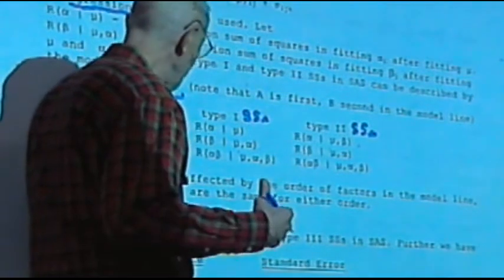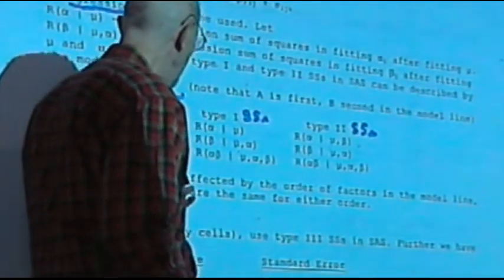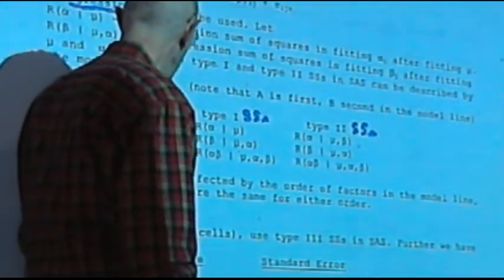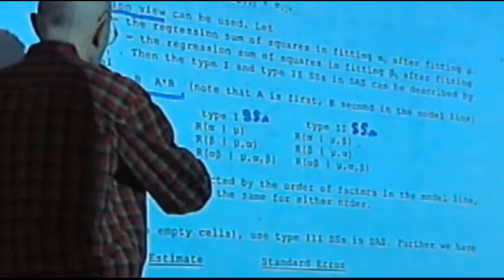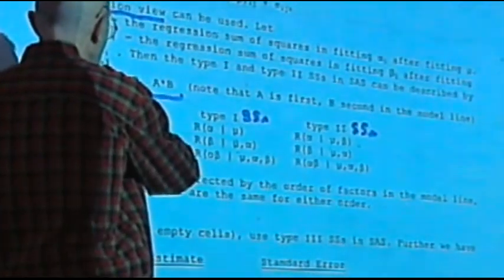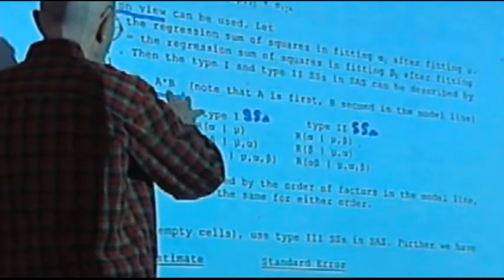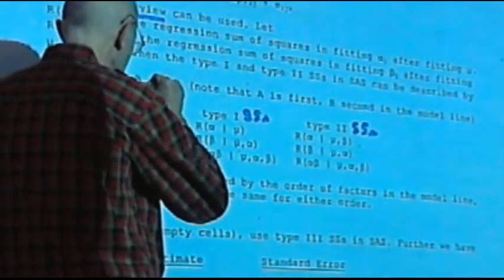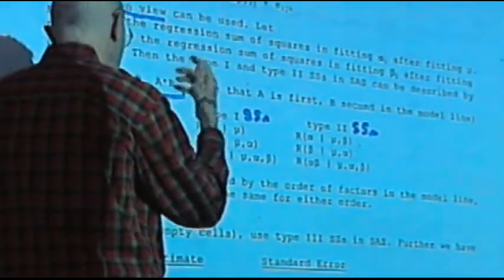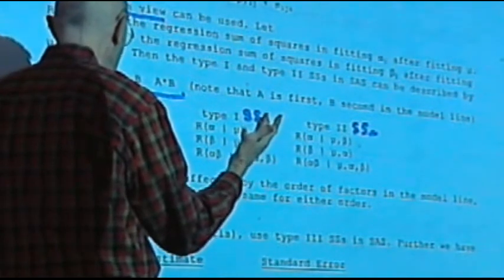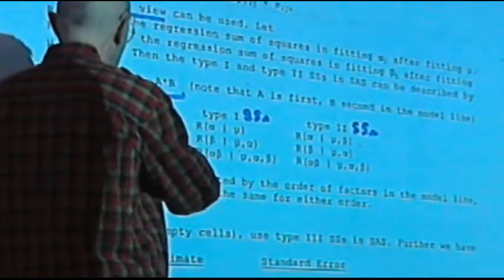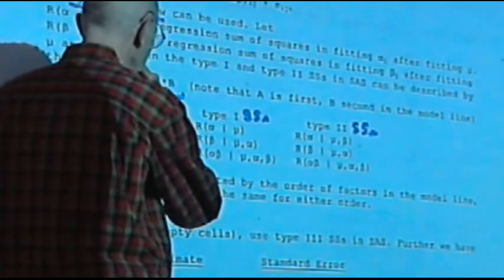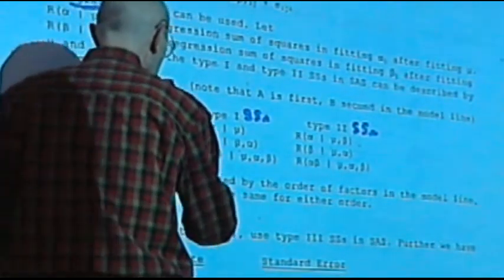So how does SAS, how does the program know what it's calculating? Well, basically the order in which you type these factors into the model determines that. So the variable that you type in first, I've just called it A in this handout, but whatever its name is, the variable you type in first is the one that's going to be used here.